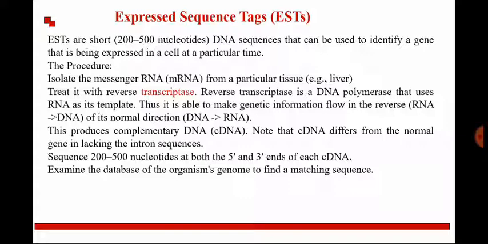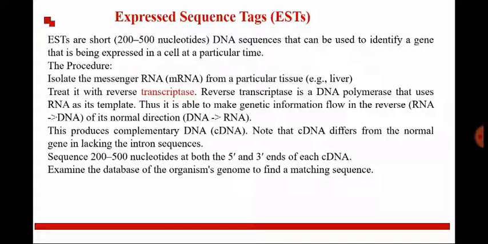You know the process of reverse transcription. In the previous lecture we discussed reverse transcription. That means the process of producing complementary DNA from the mRNA. Reverse transcription uses DNA polymerase that uses RNA as the template.